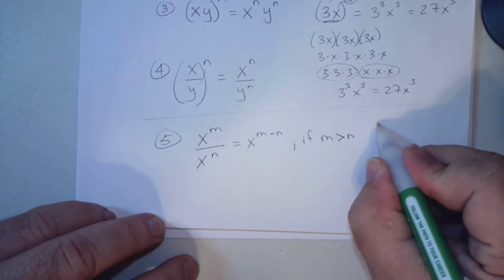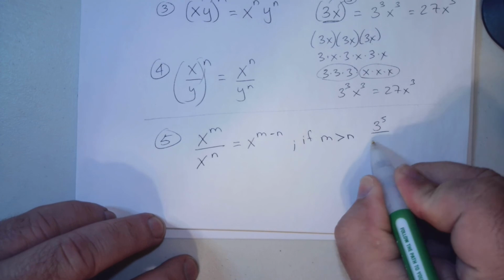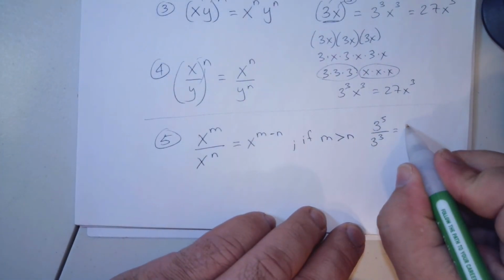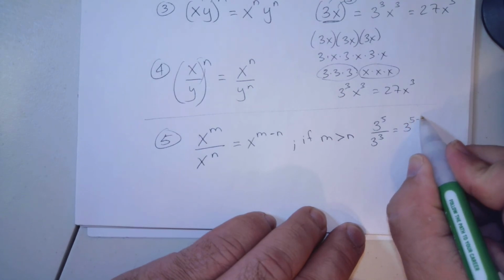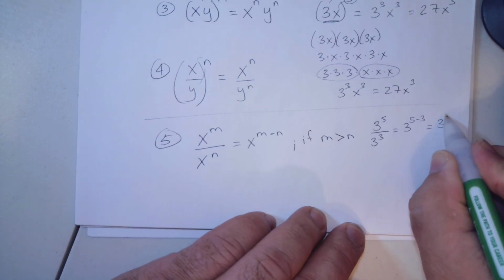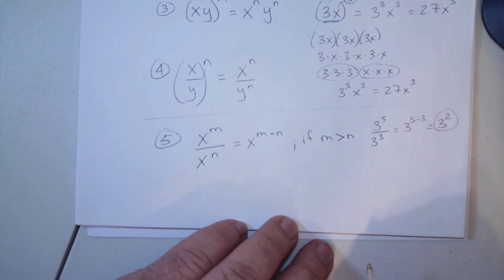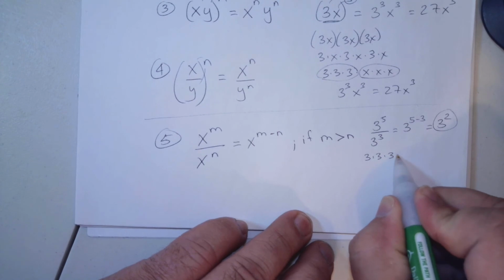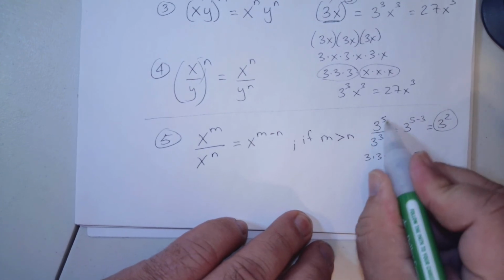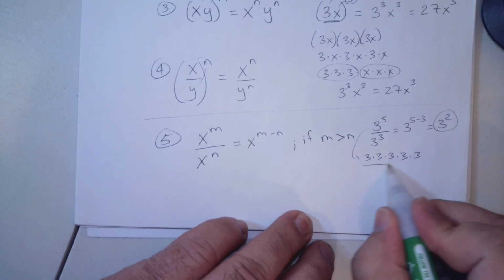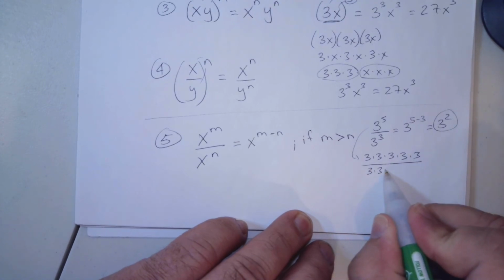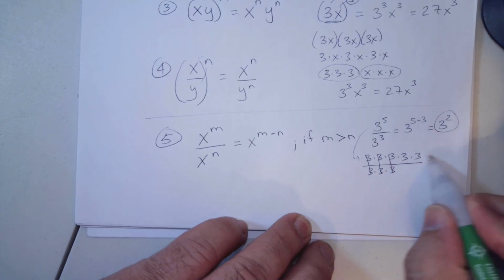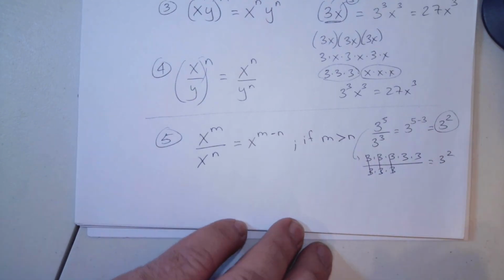In other words, 3 to the power 5 over 3 to the third. 5 minus 3 equals 3 squared. 3 times 3 times 3 times 3 times 3. That's what the top number equals, divided by 3 times 3 times 3. That's the bottom. They cancel. All we have left is 3 squared.